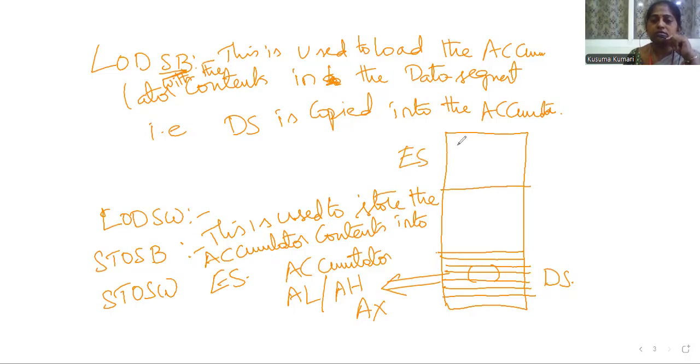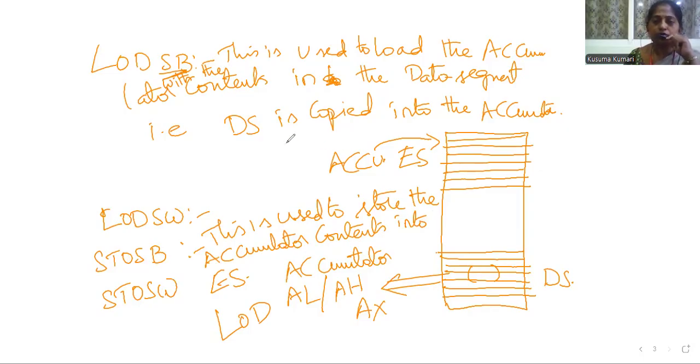Now accumulator contents are stored into the extra segment. Load means load the accumulator from the contents of the data segment. Store means store the accumulator contents into the extra segment.